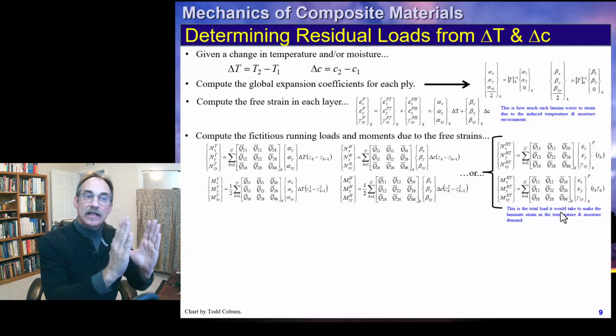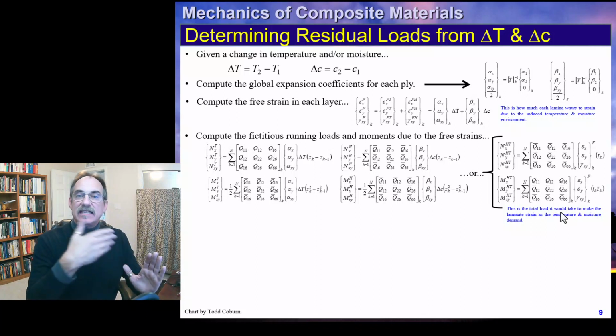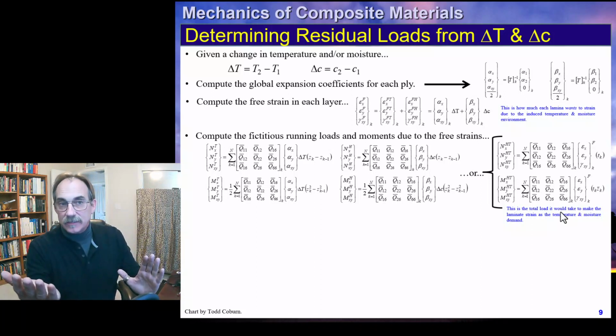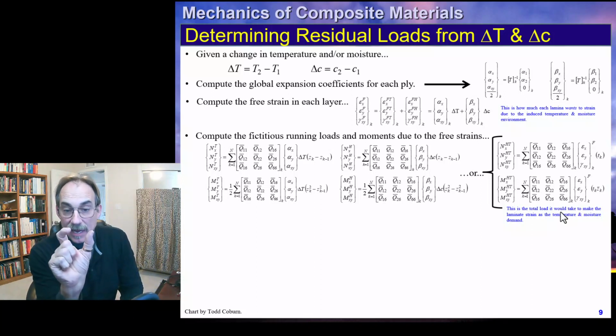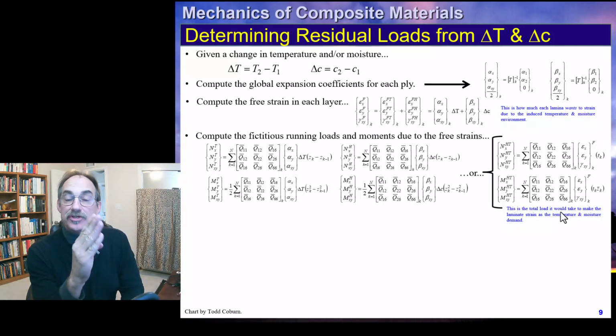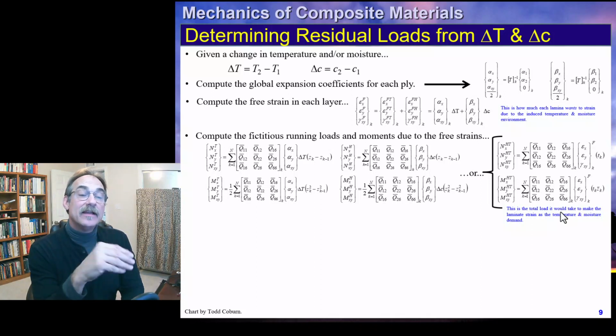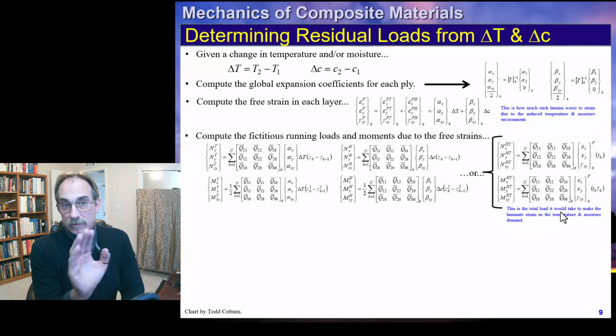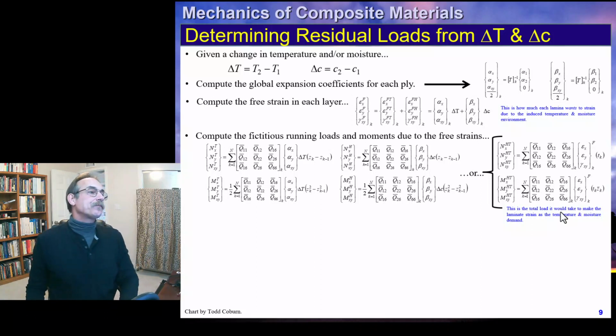And now we have the running loads and moments that will have that same effect. Now once again, the first ply is not going to be able to strain the way it wanted to. But we took how much it wanted to calculate its contribution to the running loads and moments. And we did the same thing for every ply. To find out what it actually does, we have to do a little more work. So stay tuned.